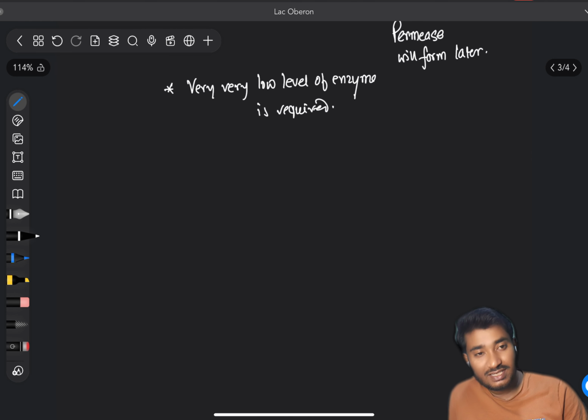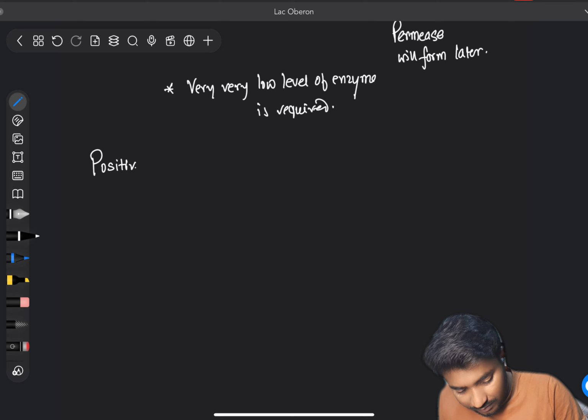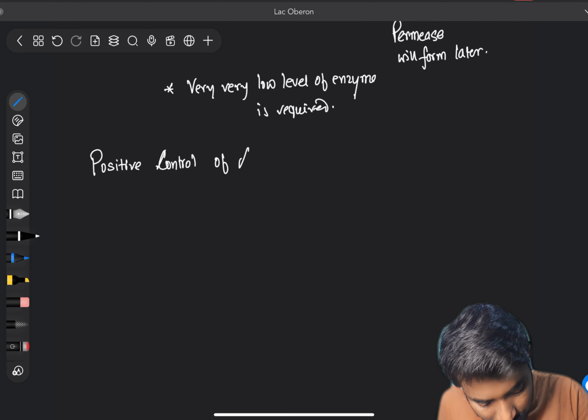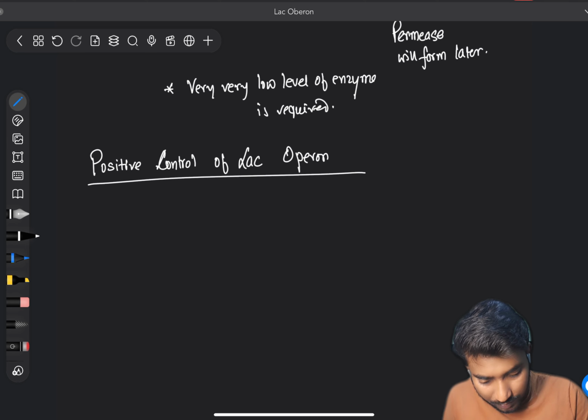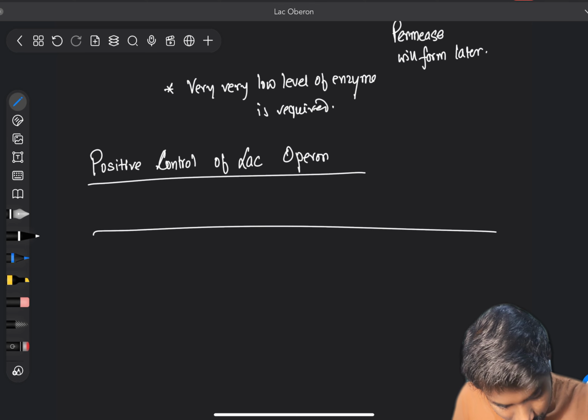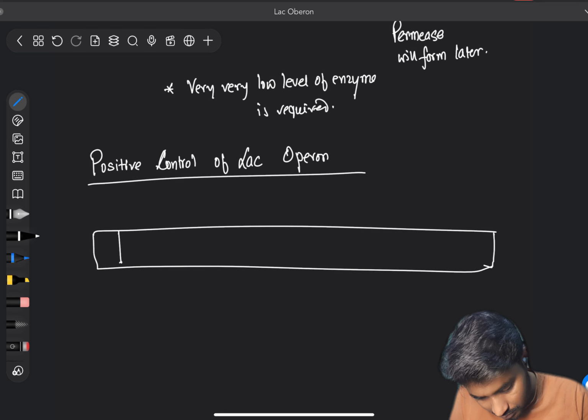So here is one thing: the positive control of the Lac Operon. Positive control of the Lac Operon. Let it be the operon. It is the regulatory part.